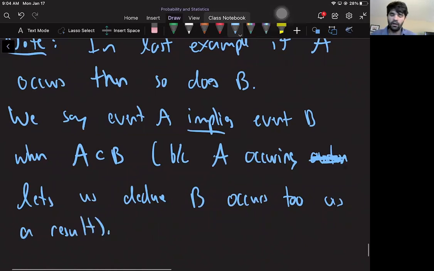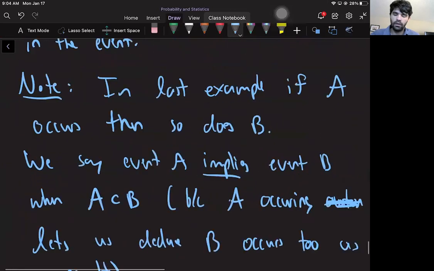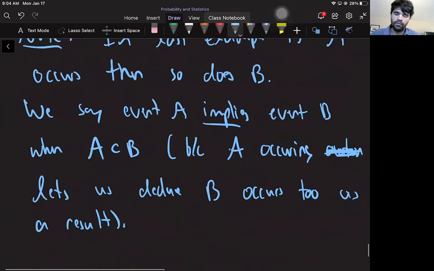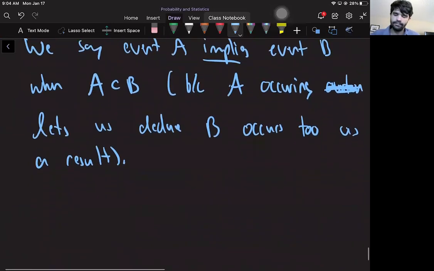And it's just because all the outcomes in A are in B. So if A happens, then B has to automatically have happened, because A happening or occurring means that an outcome from A was the result, but those are all in B too, so B must have also occurred.